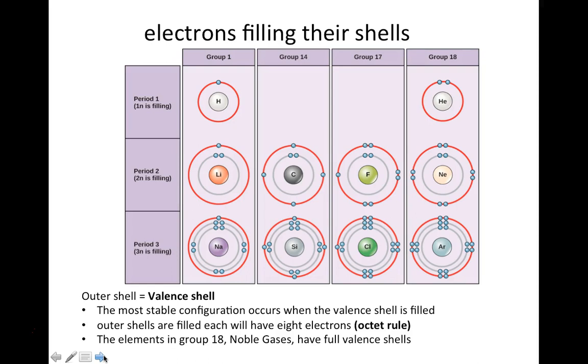This is the area in the electrons that are going to allow that particular atom of that element to interact with other atoms. The most stable configuration for any atom of any element is when the valence shell has every position occupied by an electron.